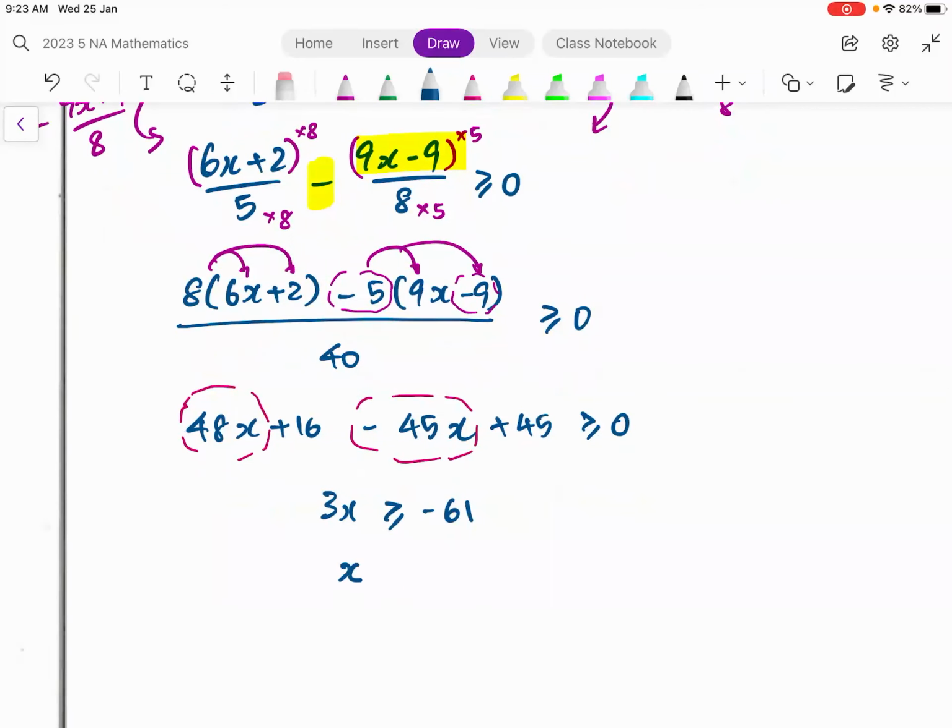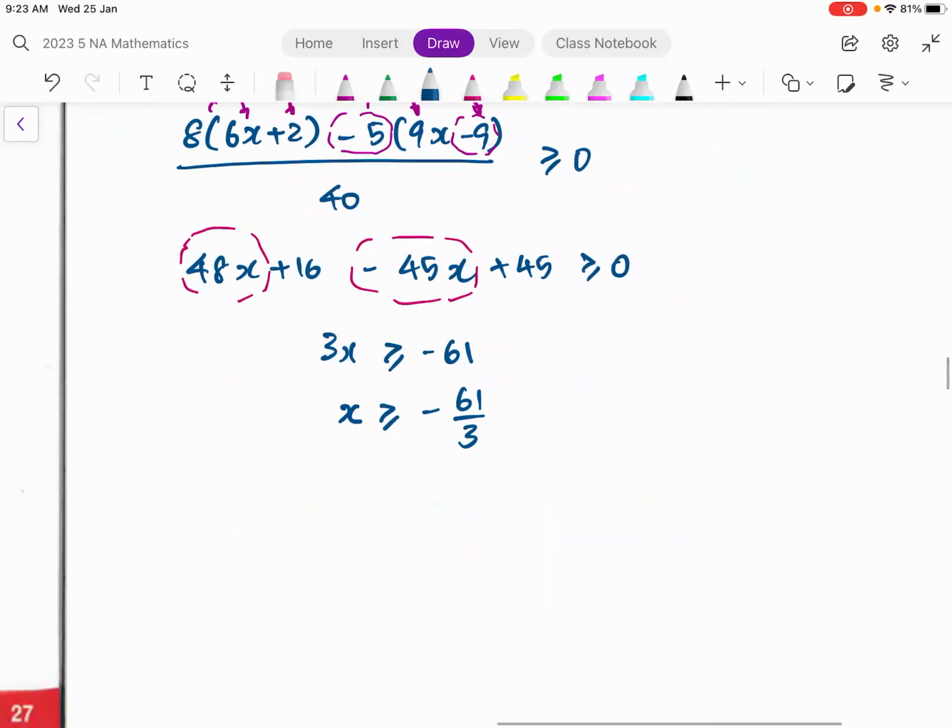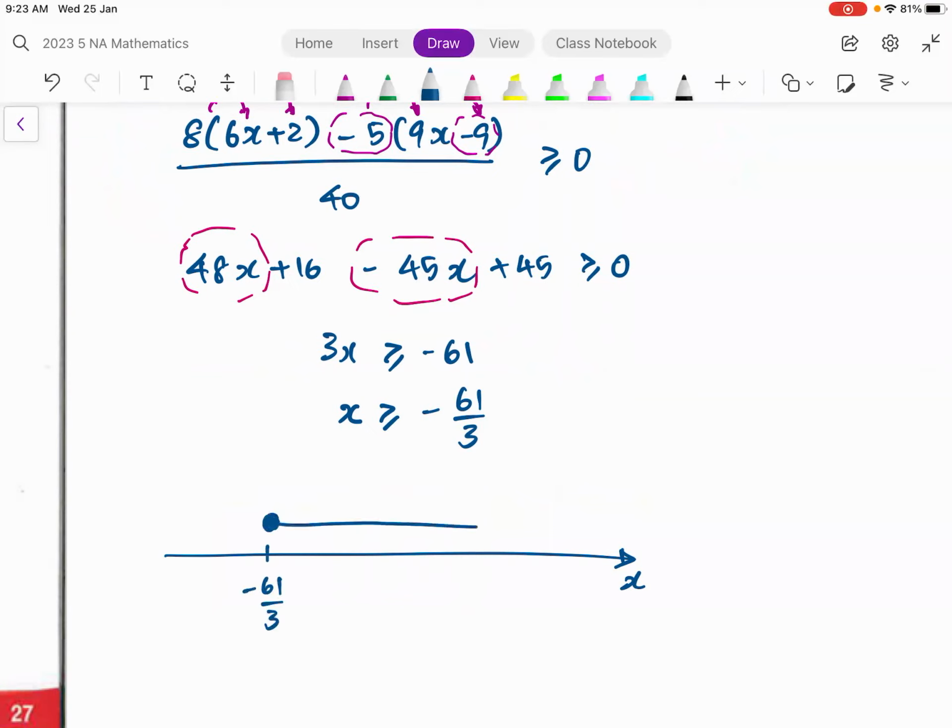And then x greater than or equal to negative 61 over 3. Is this the correct answer? Well, very weird number. Okay, so x is greater than this number. My number line as shown, label it x. X is greater than this particular number. The number is negative 61 over 3. So closed circle, colour to the right.